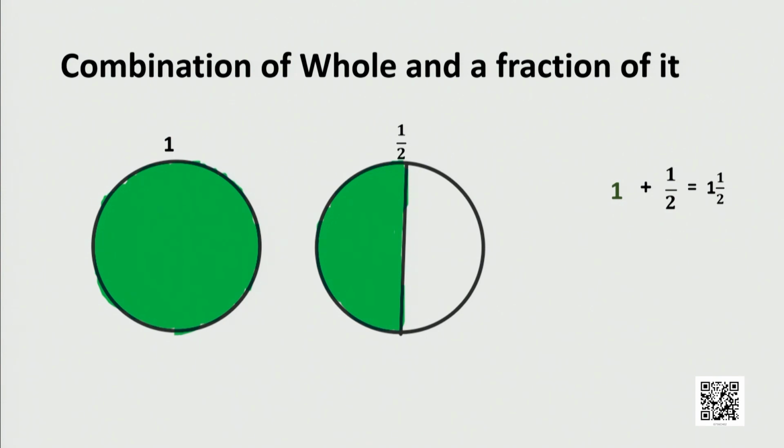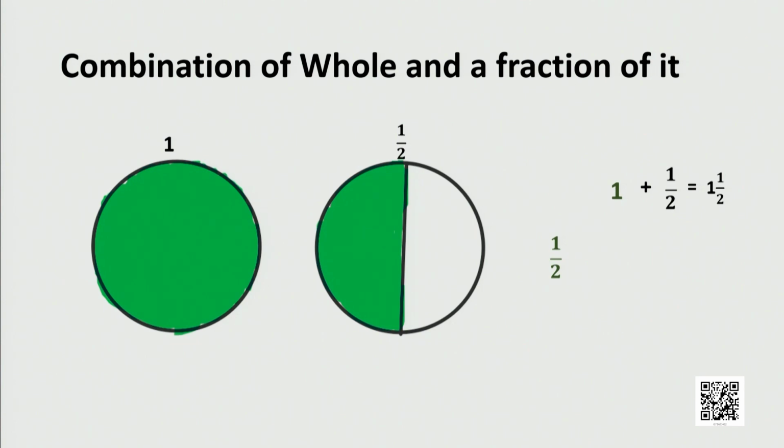So I am using 1 for the whole and 1 over 2 for a part of it. So you should remember this representation. So whenever a number like 1 and 1 over 2 is given, you should understand what 1 represents and what 1 over 2 represents. Now let us simplify it more.